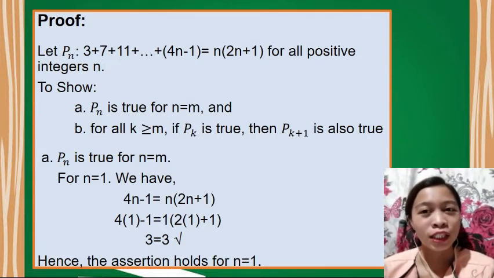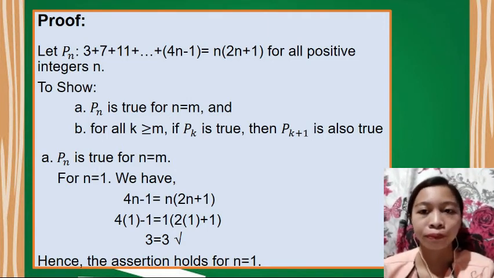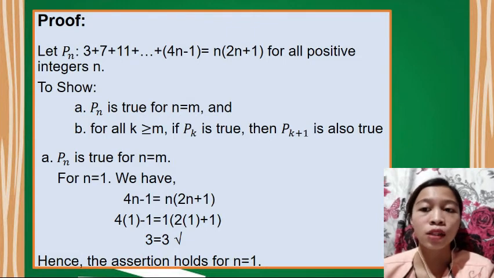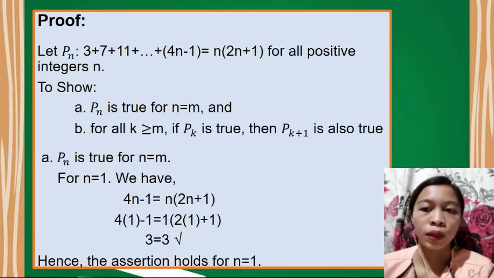So let's first prove the first property. P(n) is true for n equals m. For n equal to 1, we have 4n minus 1 equals n times 2n plus 1. We got this from here, and we substitute n with 1.